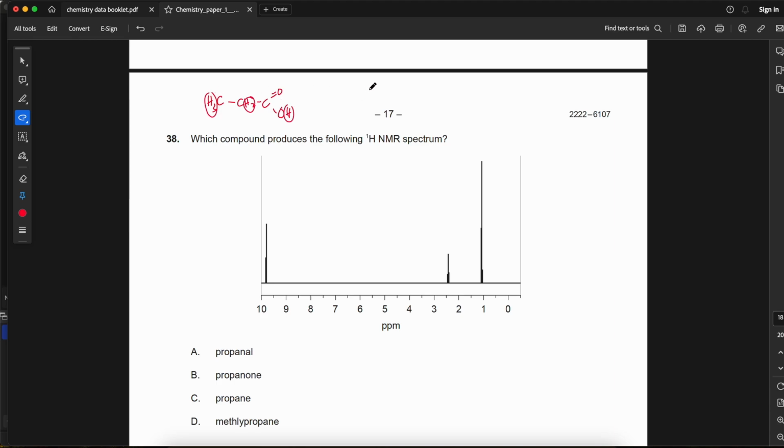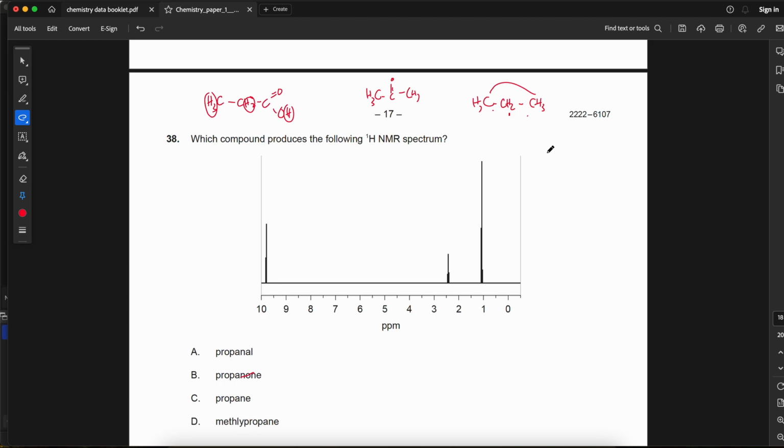And for propanone, CH3, C double bond O, CH3, it's symmetrical, so it has only 1. So propanone, no. And propane, CH3, CH2, and CH3. So it will be 2 because this is the same, and then this, so 2 H environments.